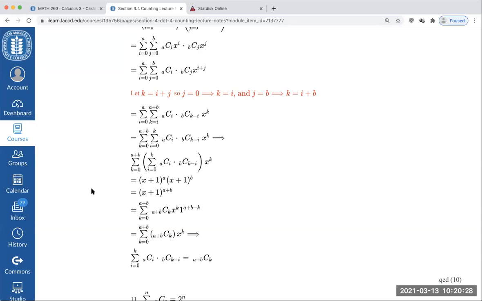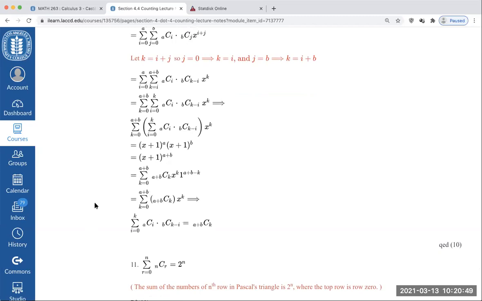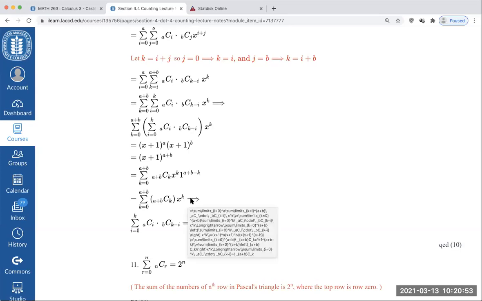And so this is equal to, by the binomial theorem, the sum k equaling 0 to A plus B of (A plus B)Ck x to the k, 1 to the power A plus B minus k. But 1 to any power is 1. So this is the sum k equaling 0 to A plus B of (A plus B)Ck x to the k.